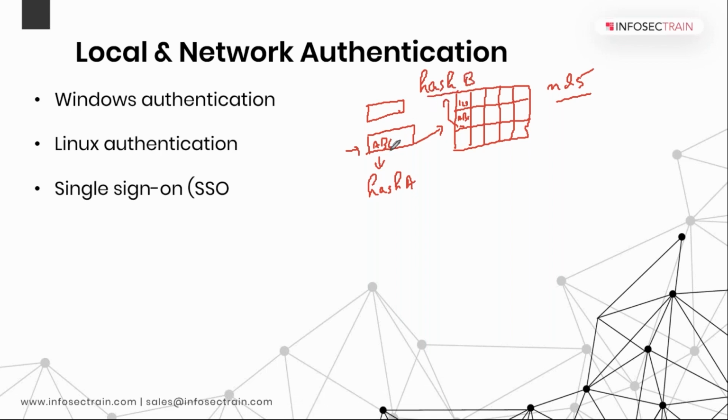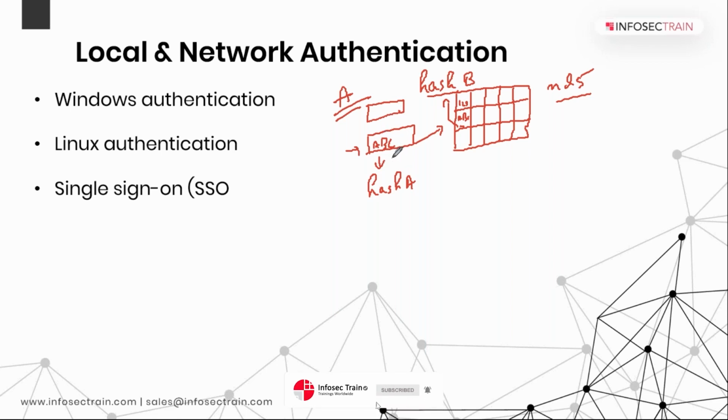Now we are talking about a user A. User A registered into a website, and while registering, his password was saved into the database in a hash format. We are calling it hash B. Whenever he tries to log into that website, he gives his password in plain text, let's say ABC.